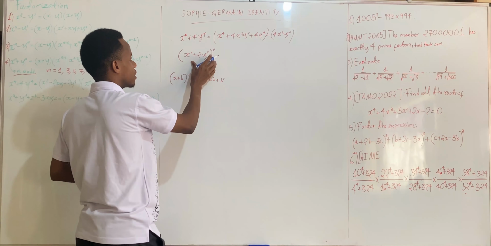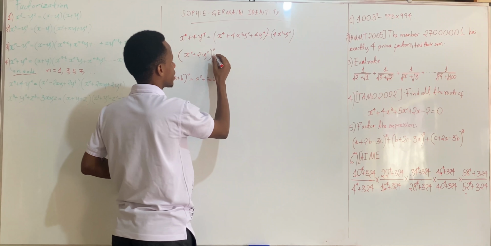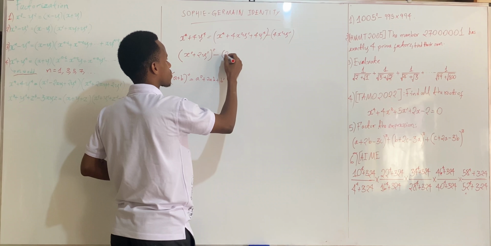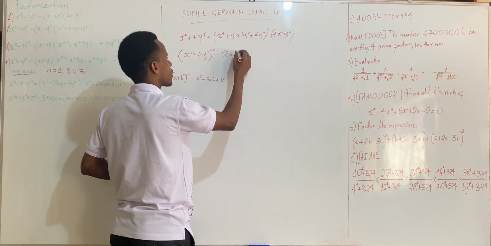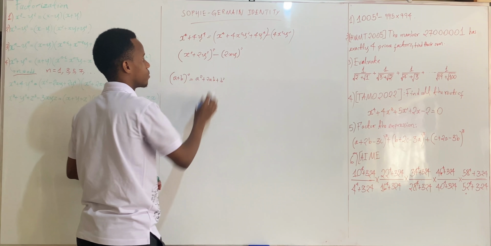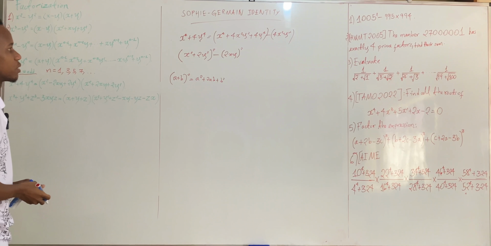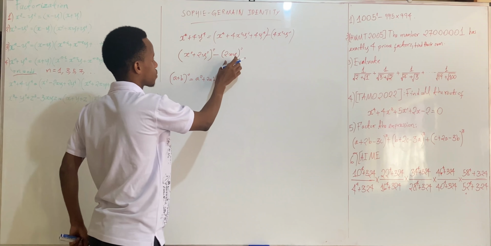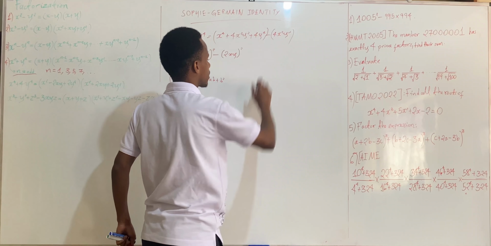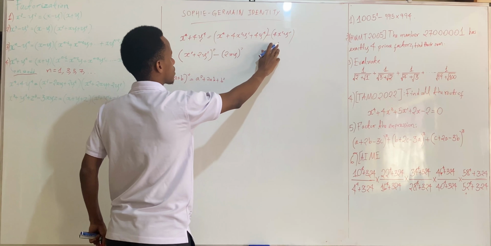So we have this term here, and the other term also happens to be a square of this term here, 2xy. When you square this term here, you will get our last term on the first row.